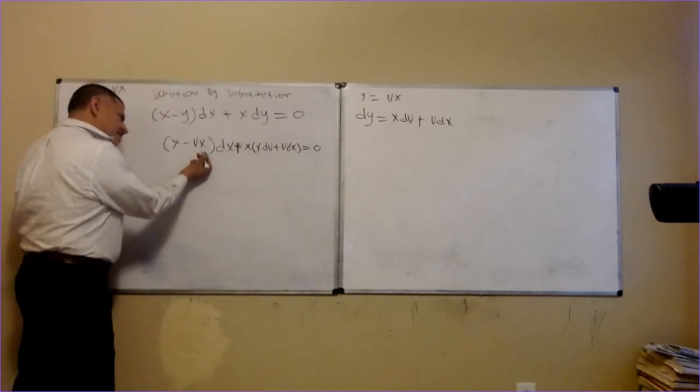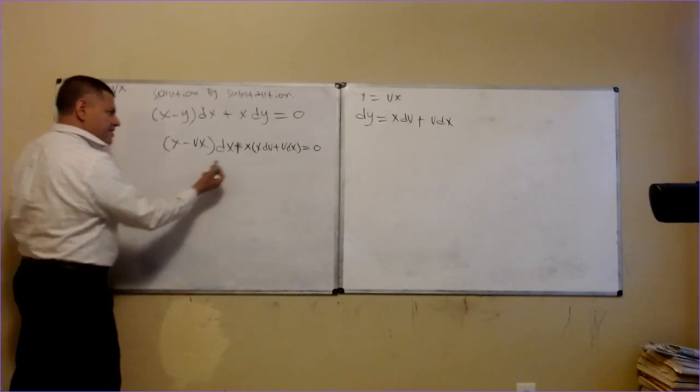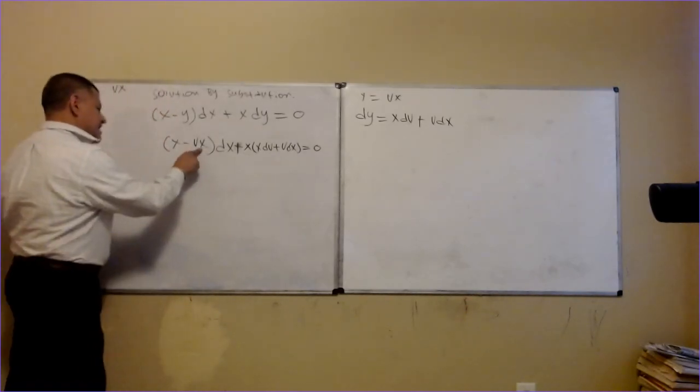Now I can simplify this expression by factoring out whatever I see in common. I see an x and an x.